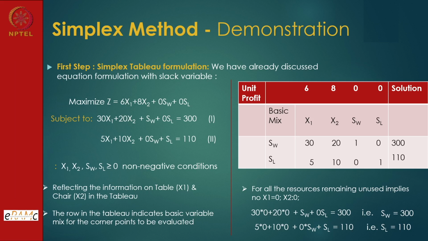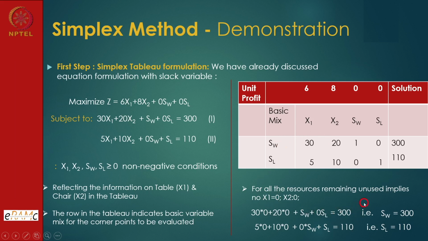Now we know that x1, x2, SW, SL, that is the slack variables for wood and labor, are non-negative. That is the non-negativity condition. We have reflected the information on the table. The row in the table indicates the basic variable mix for the corner point to be evaluated.